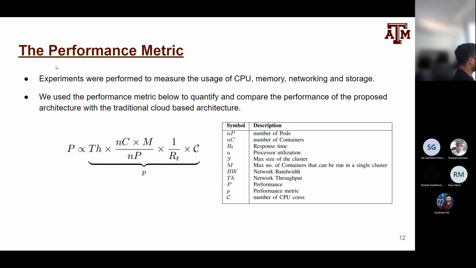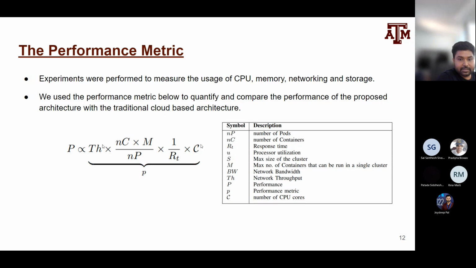It depends mostly on the RAM, the CPU, and other resources. If you increase the RAM, you can increase the number of containers in a single cluster. It's inversely proportional to the number of pods, because more pods means we are creating more and more replicas, taking up more and more space in our system.